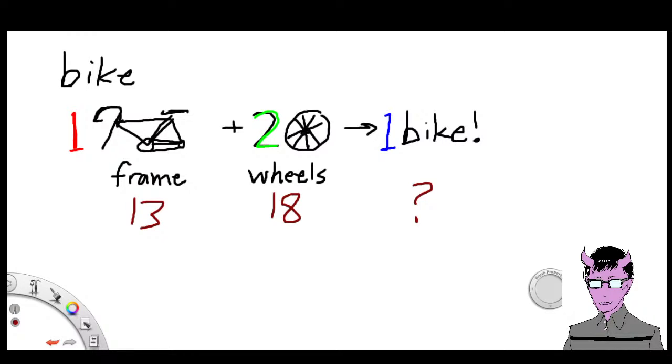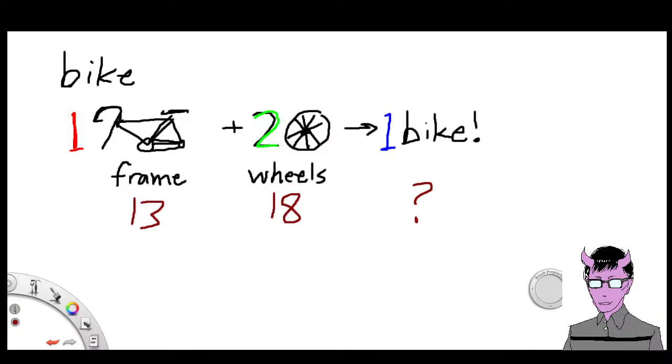All right, given, I can't even see my typing. Hold on, I'm just going to wait. It'll show up in a moment. So given that there are 13 frames and what was it, 18?